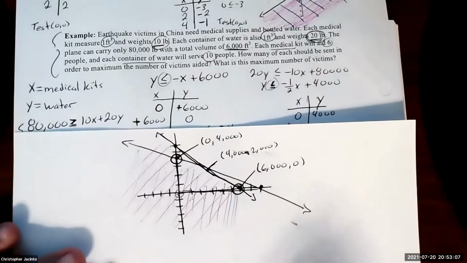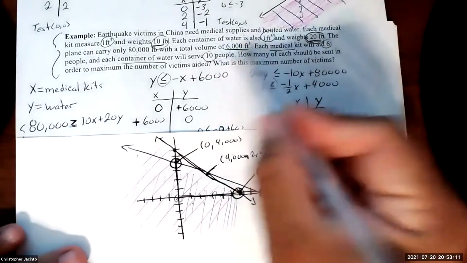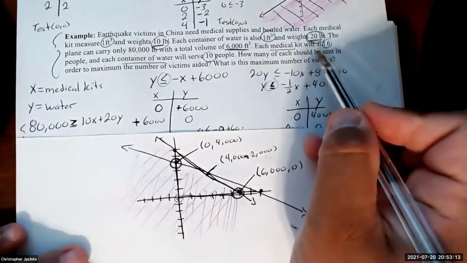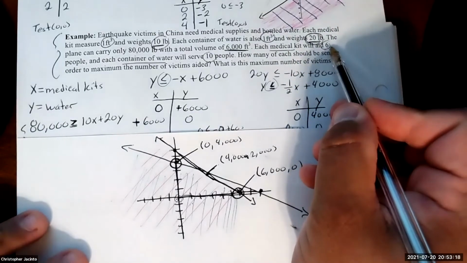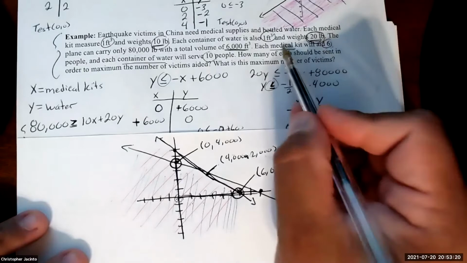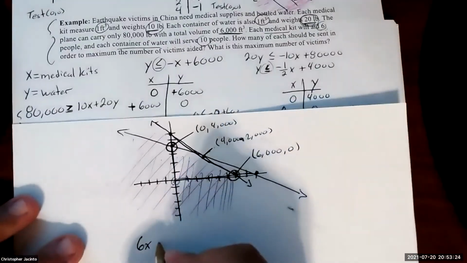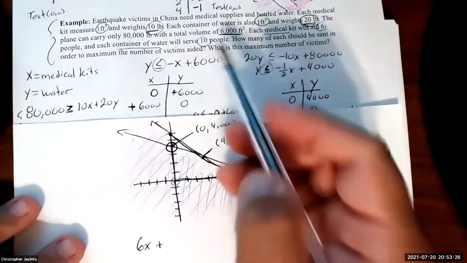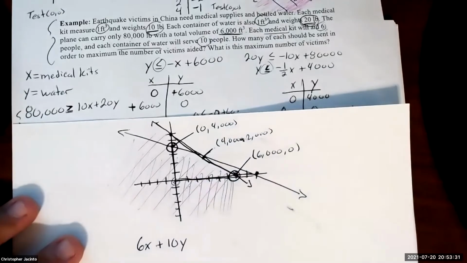Okay. So all we're going to do now is go back to the situation we had here. 6 people get aid for every medical kit, so we know 6x works, plus we know 10 people get help for every container of water we have.